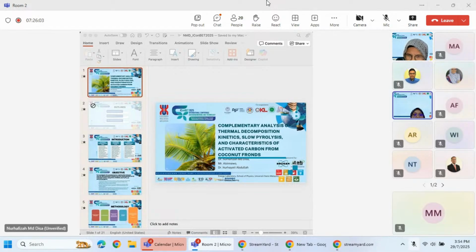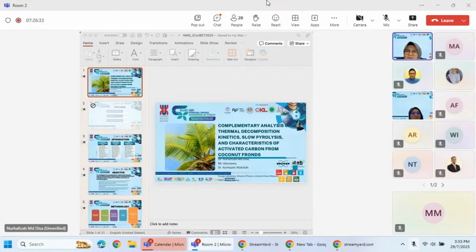It depends on the quality and types of the biomass that we use for the coconut fronds. In terms of supercapacitor, we can get around 200 farad per gram for the specific capacitance that we obtain from the activated carbon from the coconut fronds.